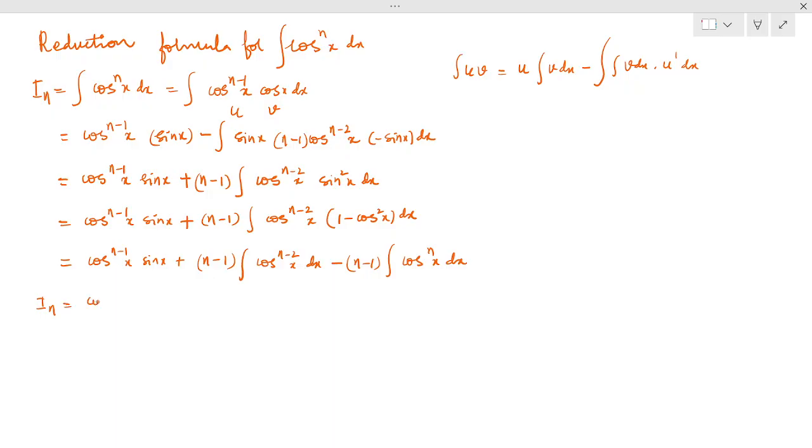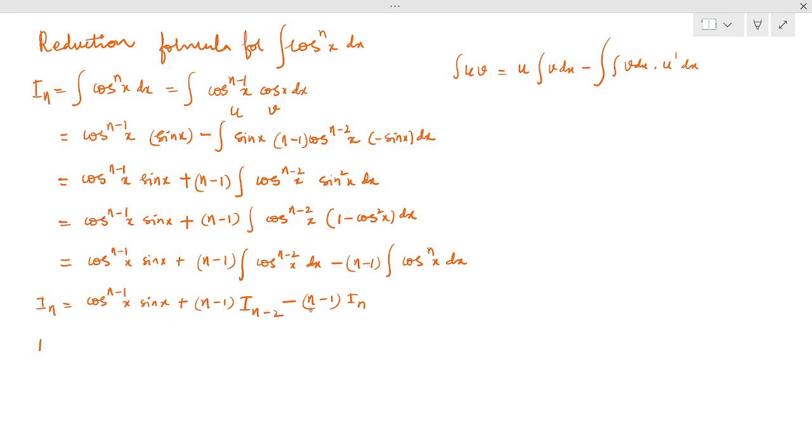As we know, we started with I_n. So this is cos raised to n minus 1 x into sin x plus n minus 1 times, look, when there is a cos raised to n x we write I_n, and when there is cos raised to n minus 2 x I write I_n minus 2, minus n minus 1 times, this will become just I_n.